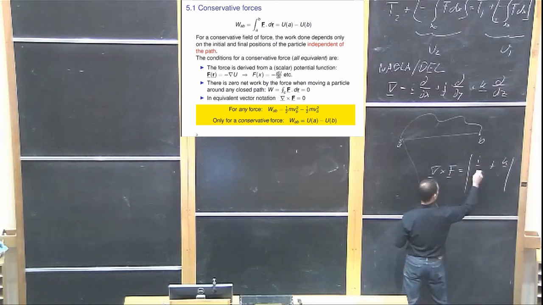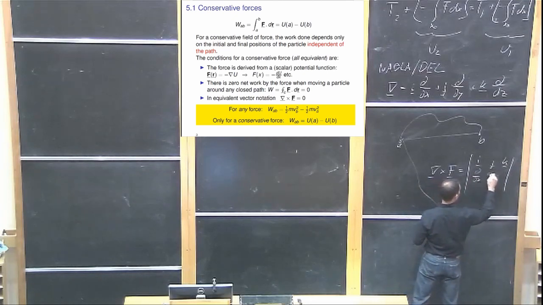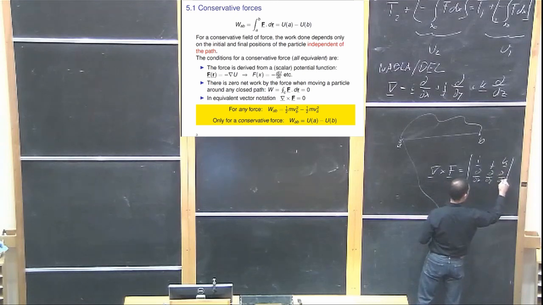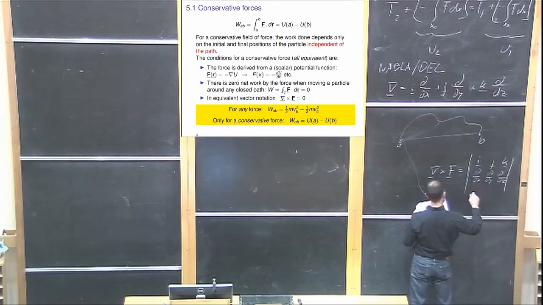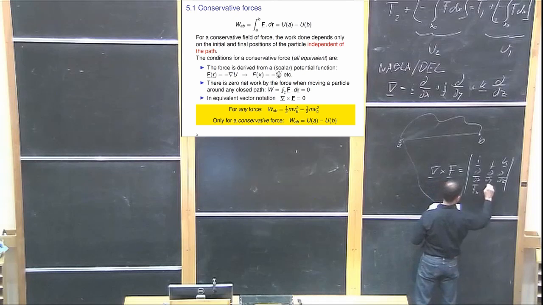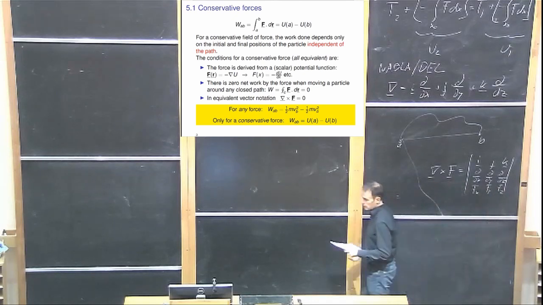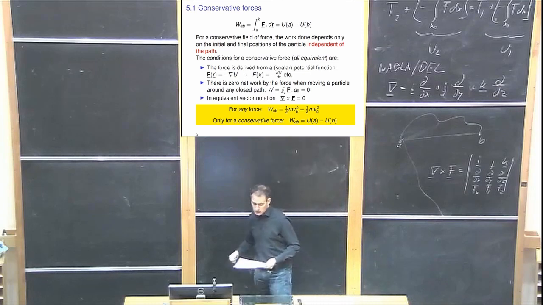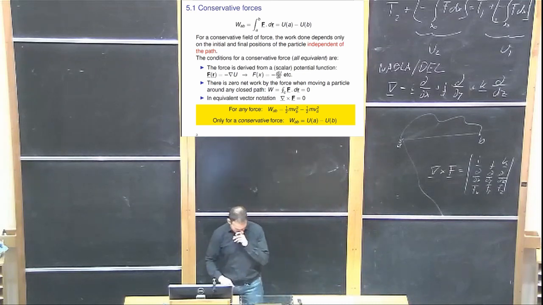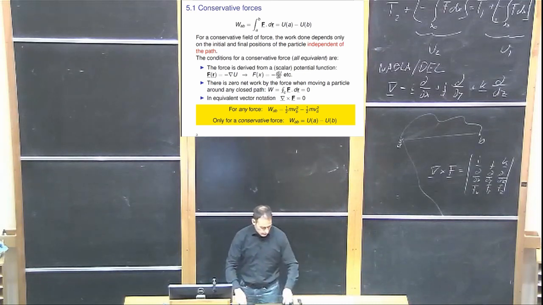Then this is d by dx, d by dy, d by dz. And then you've got the Fx component, Fy component, Fz component. And then you have the resulting vector.